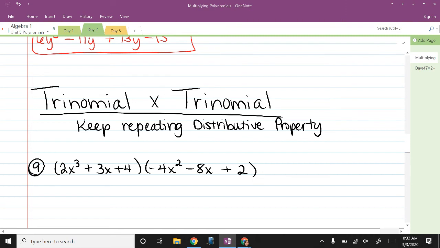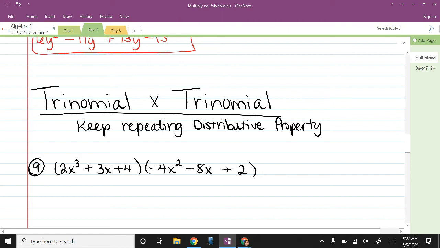Special ones. All right, so we got a trinomial times a trinomial, 3 terms times 3 terms. So how many terms do you think we're going to have when we multiply everything out? 9. Yeah, so we're going to multiply 9 times. So you're going to make sure you take the 2x cubed and multiply it times all 3 terms. Then you're going to come back and do 3x times all 3 terms.